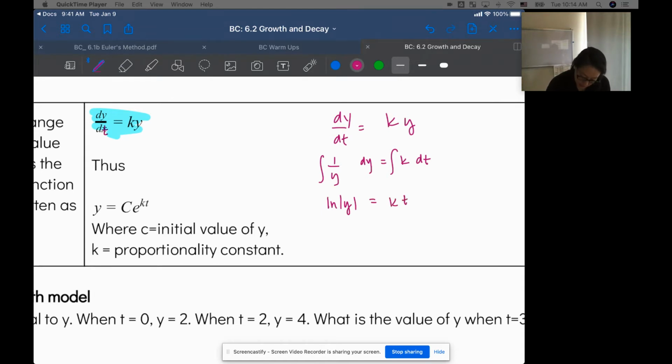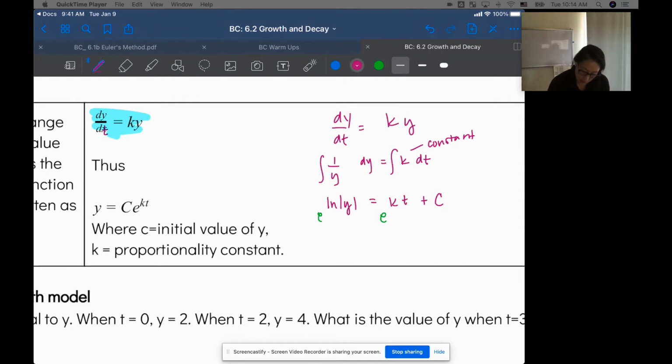k is a constant, plus c. And then I'm going to raise both sides as the exponent with a base of e.